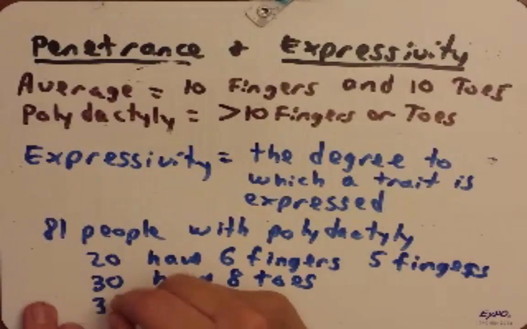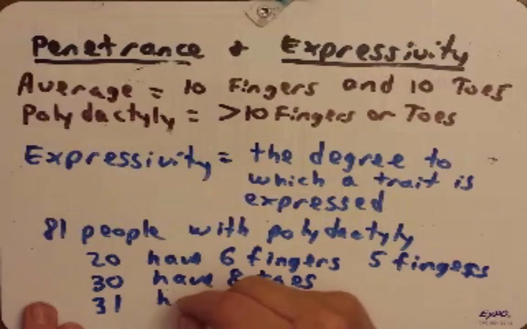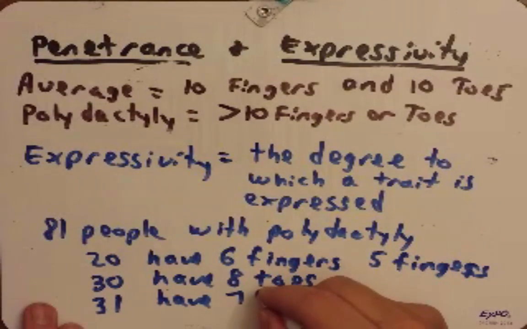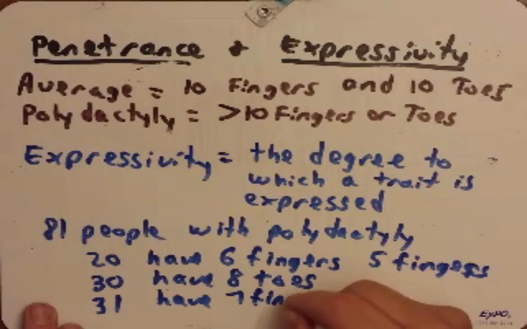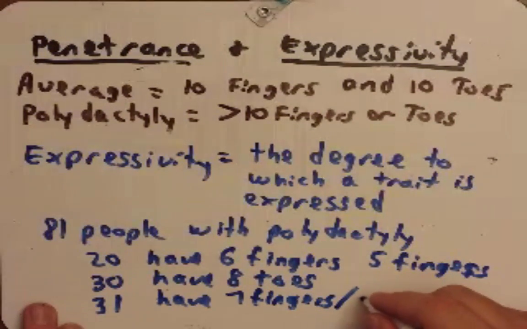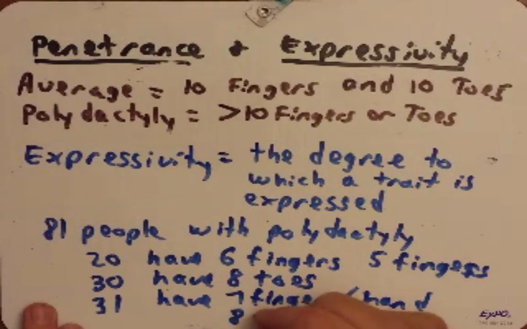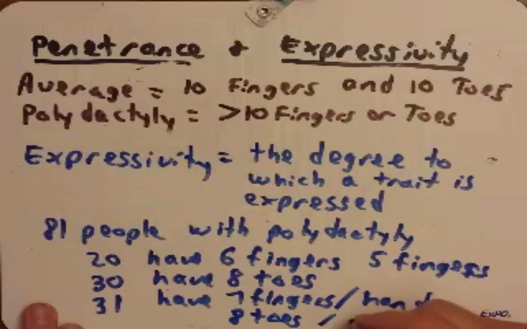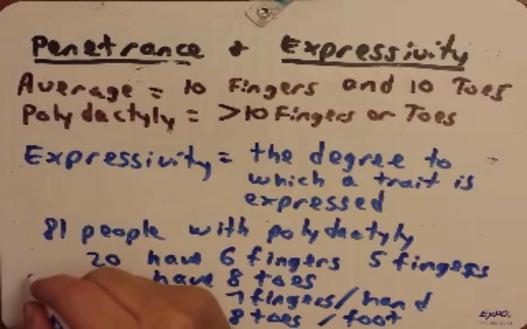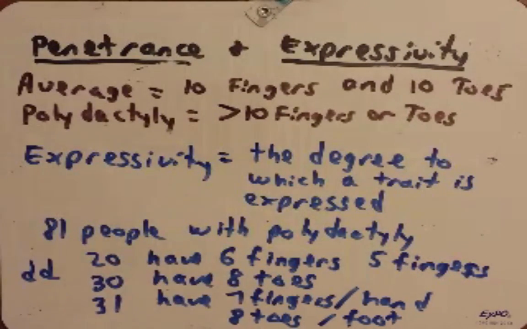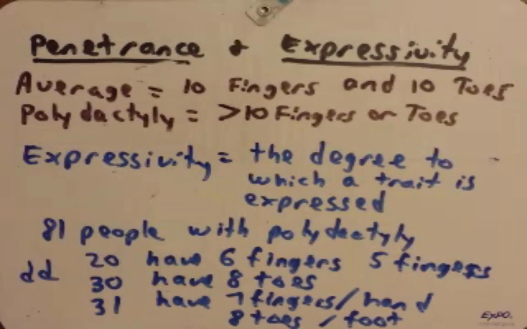And then let's say 31, the rest of them, have 7 fingers per hand and 8 toes per foot. These could be anything. I'm just making these numbers up. The difference is that all of these people are little d, yet they don't all have the exact same phenotype. There's some variability here. Alright, I'm going to erase this and say one more thing about these two terms.